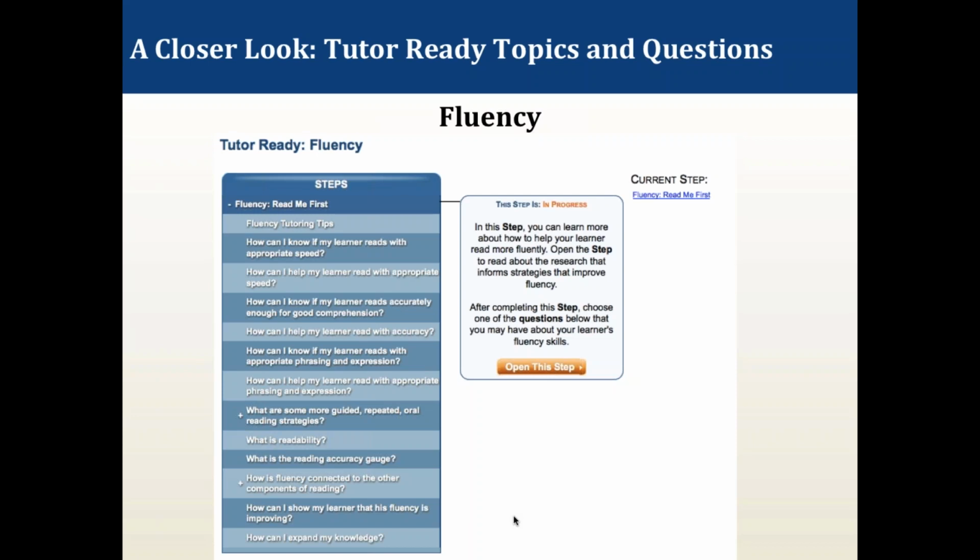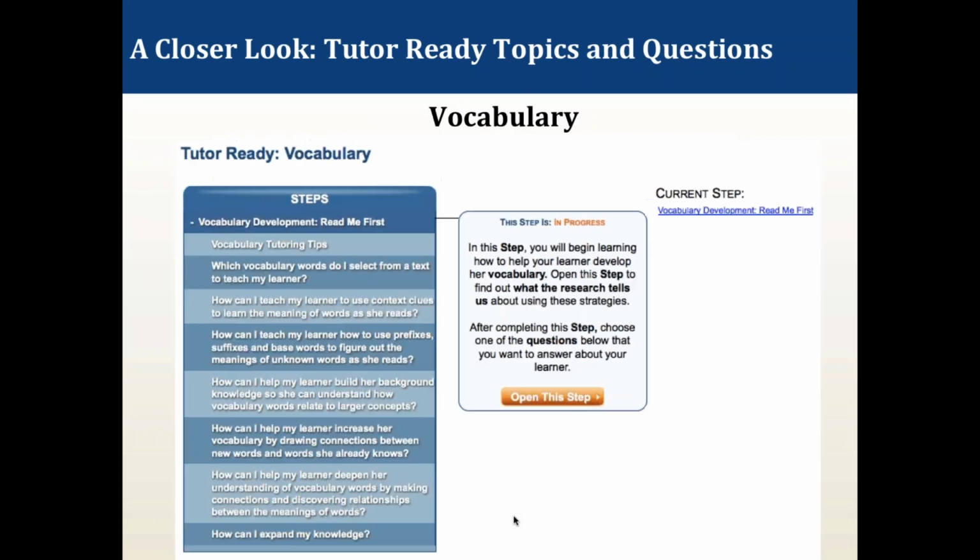It's progress that you can videotape or audiotape: record your learner reading before you use the strategy of guided repeated oral reading and after, and see the difference, and you can show your learner the difference, and it's incredibly motivating. And so we talk about ways that you can look at that and help your learner be motivated.